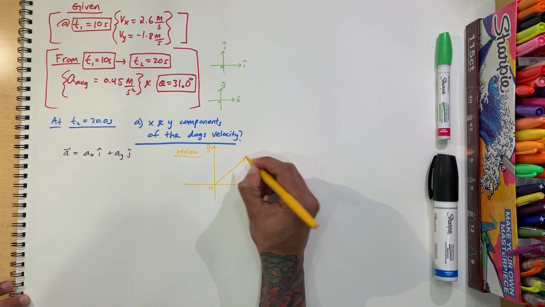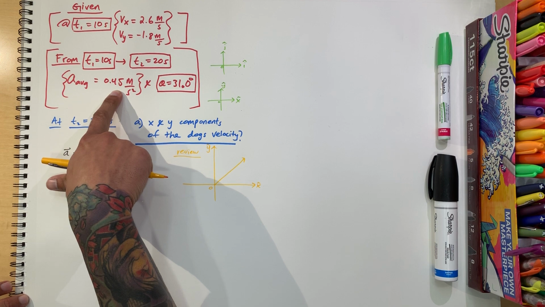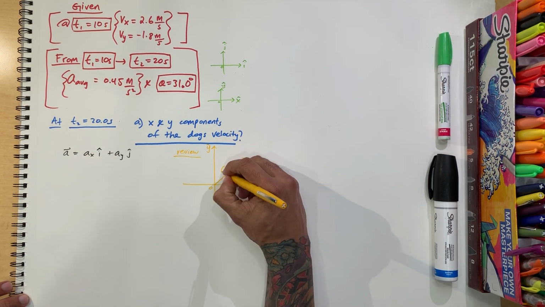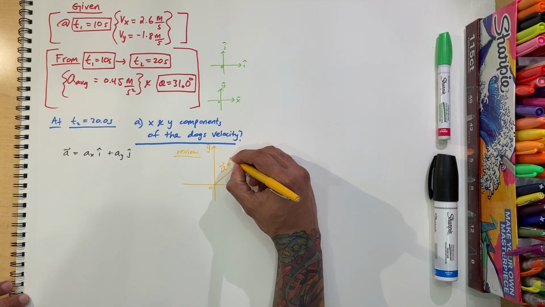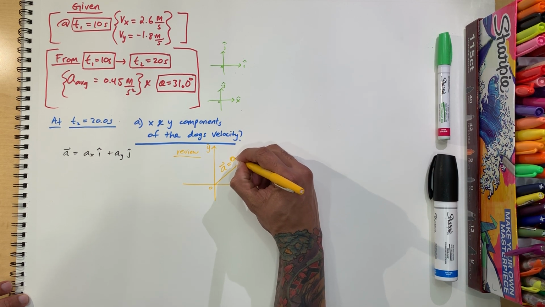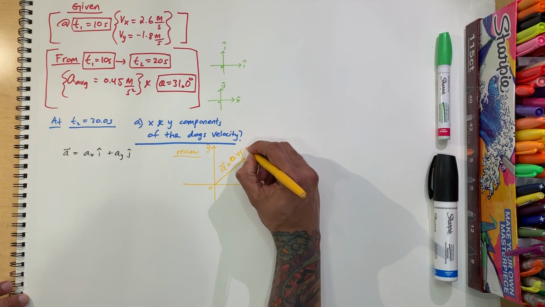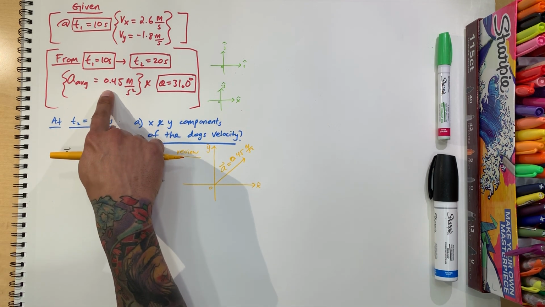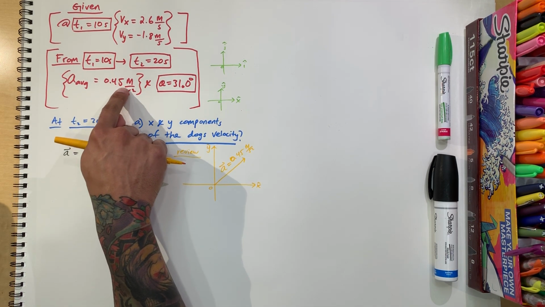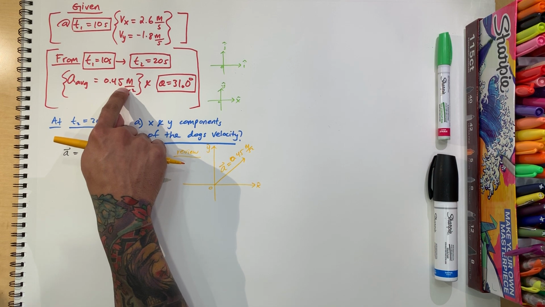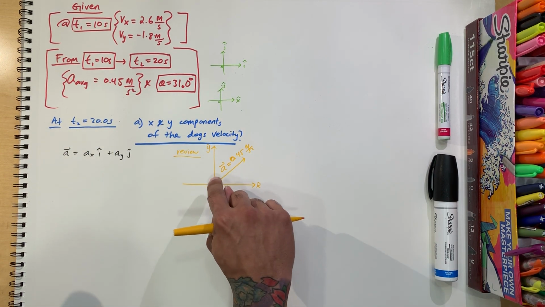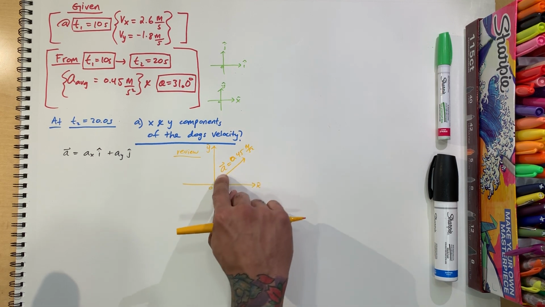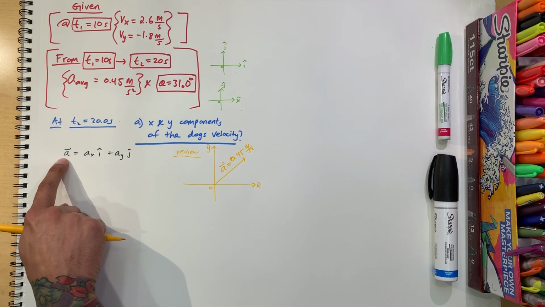We know the magnitude, so this vector right here is the acceleration, 0.45 meters per second squared. The magnitude just means the distance from the origin. So from here to here it's 0.45, and that is described by the vector notation.